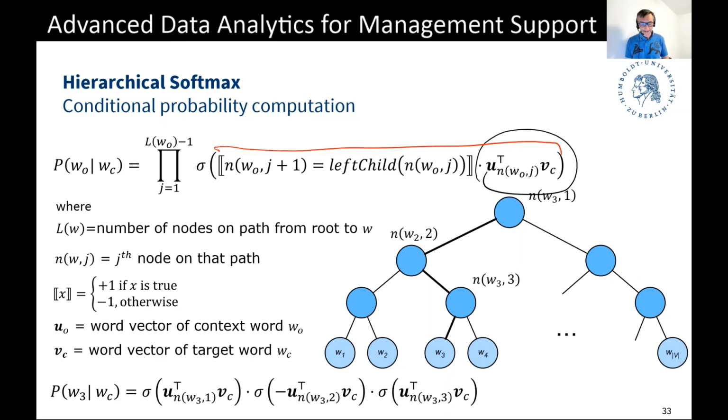And you see this spelled out in the lower part of the slide for the pair with w_c as input word and w_3 as output word or context word. Basically, the probability boils down to multiplying three terms, each of which is a sigmoid applied to a dot product.